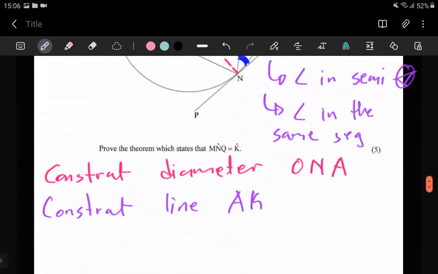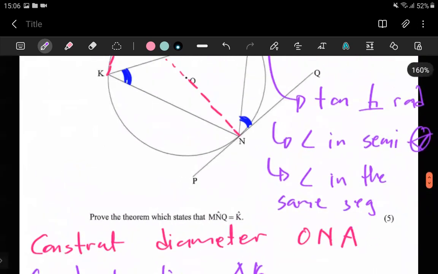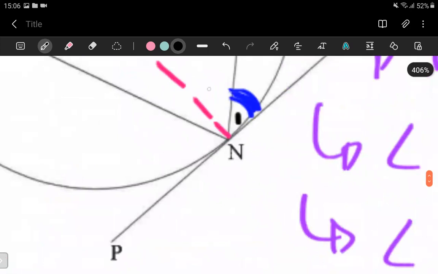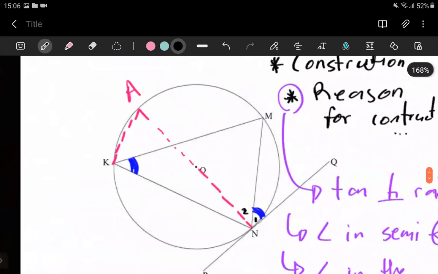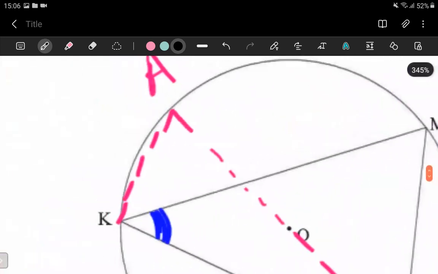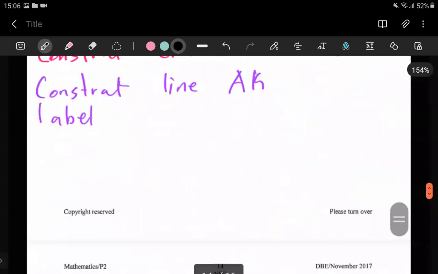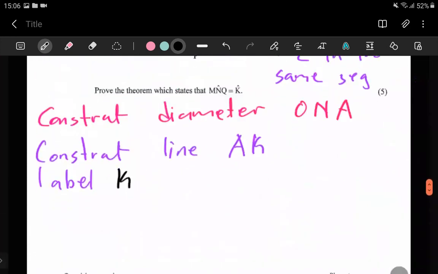And then you can label here O1, O2. Since you labeled this N1, you may want to label this one K1, then this one K2. So let's label K1, K2, N1, and N2.